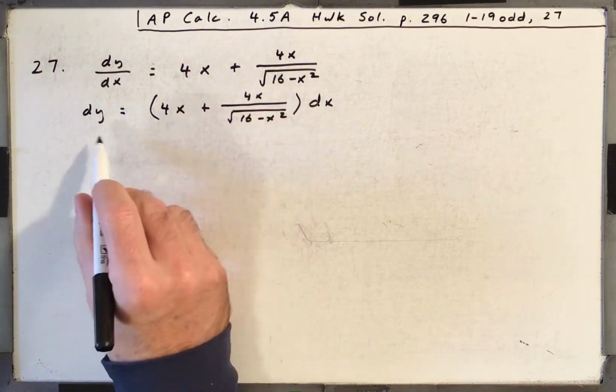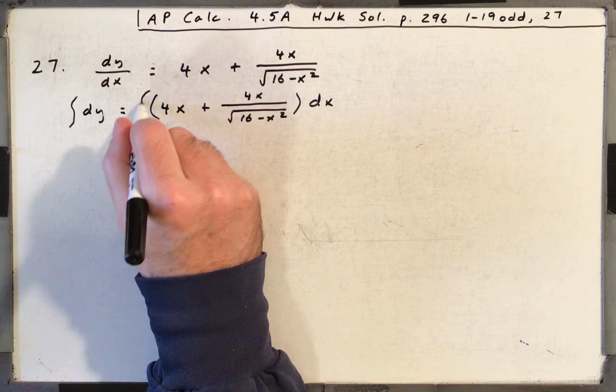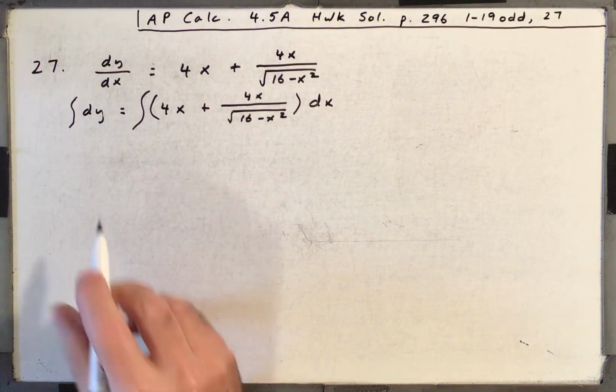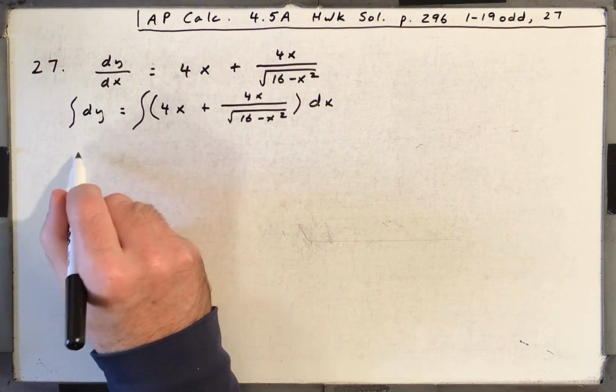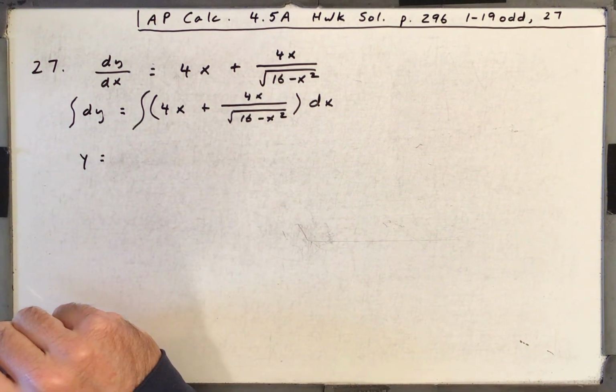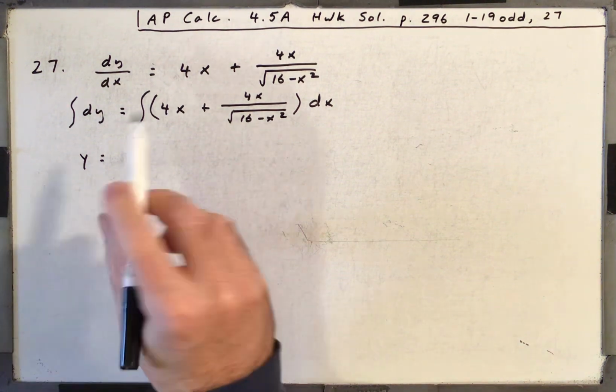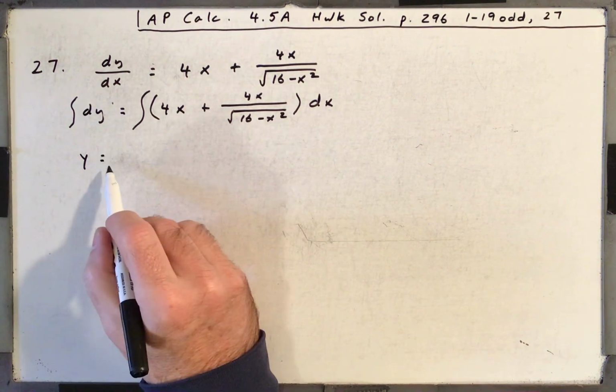See, that's the same thing. We just separated the variables. Now we're going to integrate both sides. So the antiderivative of dy is just y. So all this was seeing if you understand that to solve the differential equation, you have to integrate.